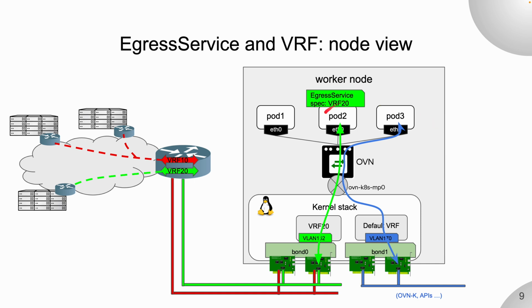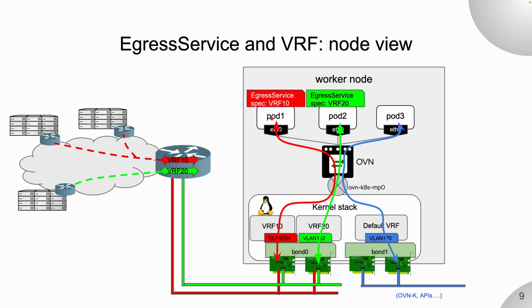So this traffic path is for all of the traffic destined for or originating from outside of the cluster. So the pod, when not talking to another pod, is going to exit via VRF20. That pod will not be able to exit via the default VRF or any other VRF. And you can create another egress service, this time with a spec of VRF10 for pod 1.